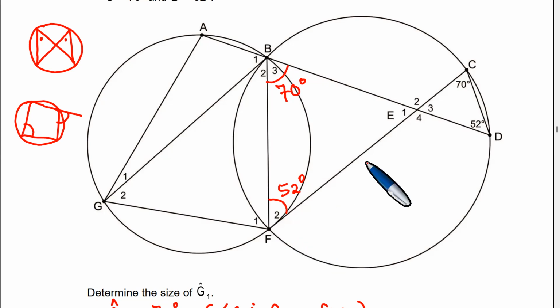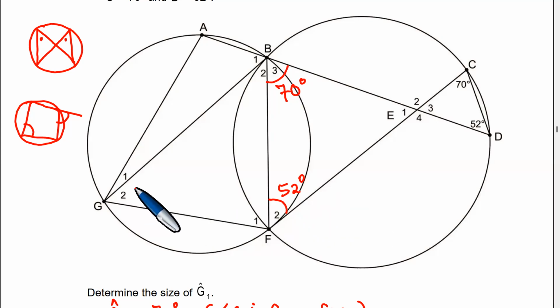So the angle between the tangent to the circle and a chord equals the angle subtended by this chord. And this chord subtends angle G2. It means that angle F2 is equal to angle G2 because the angle between a tangent and a chord equals the one in the alternate segment.